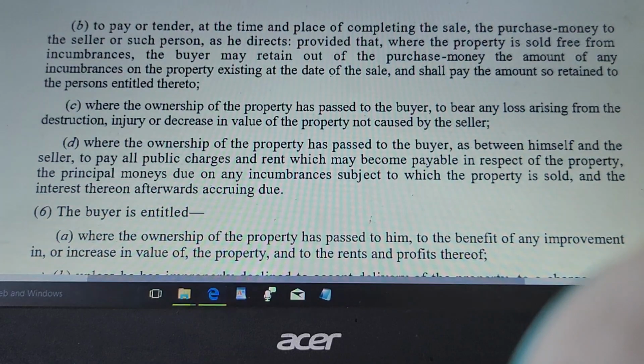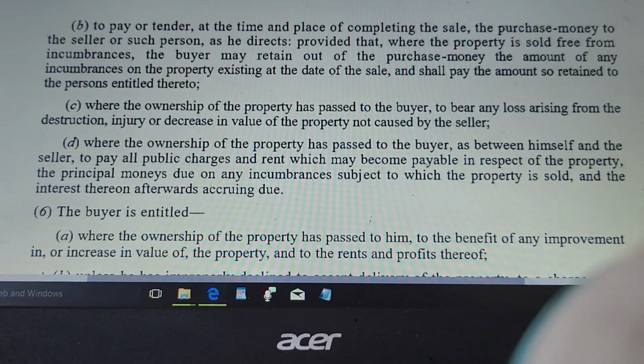D, where the ownership of the property has passed to the buyer as between himself and the seller, to pay all public charges and rent which may become payable in respect to the property, the principal monies due on any encumbrances subject to which the property is sold, and the interest thereon afterwards accruing due.